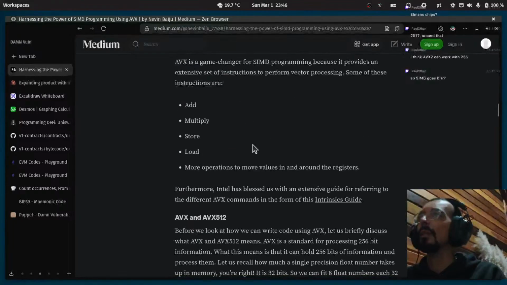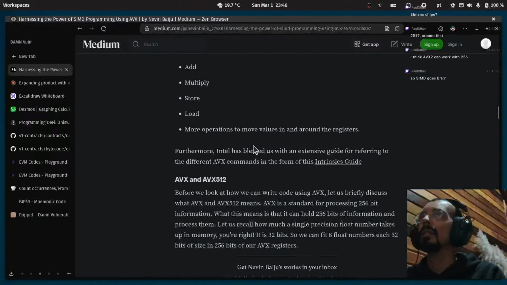AMD chips, yeah. Oh, they have 512 bits.